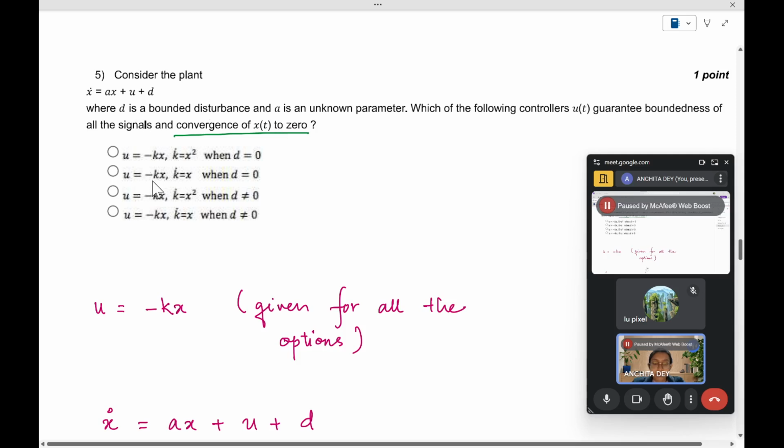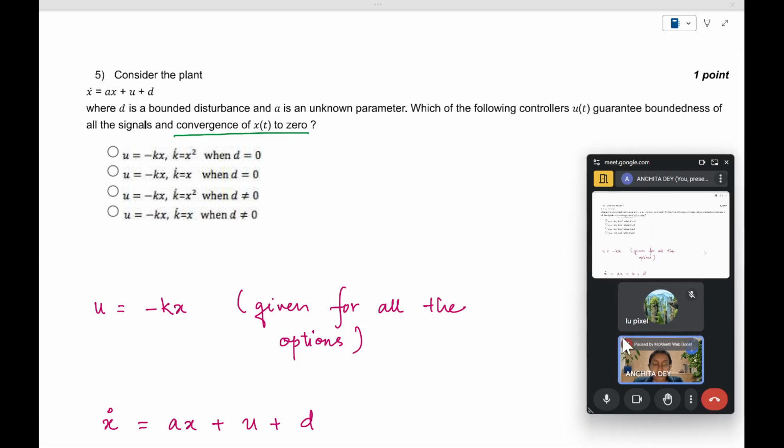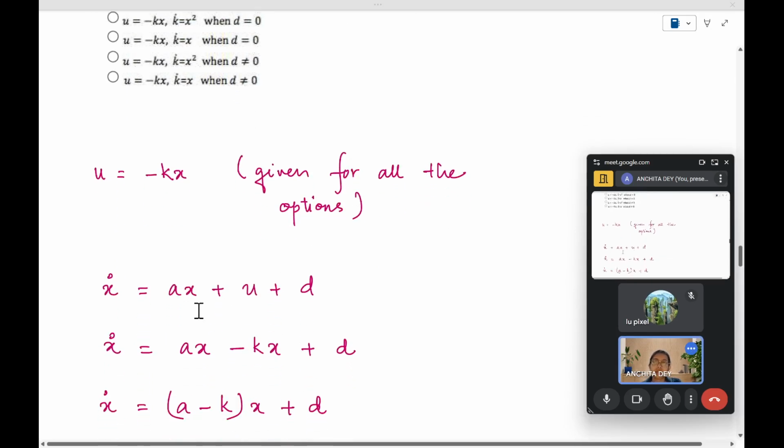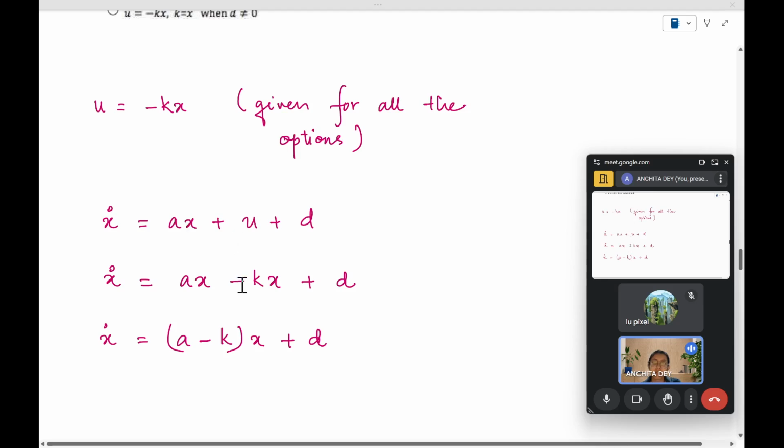Okay, so we have u equal to minus kx for all the inputs, and first of all we will place it in the given system dynamics, right? We have x dot is equal to ax plus u plus d. If we put minus kx here, we get x dot equal to ax minus kx plus d, and then you take x common, so you have a minus k into x and then plus d, right?